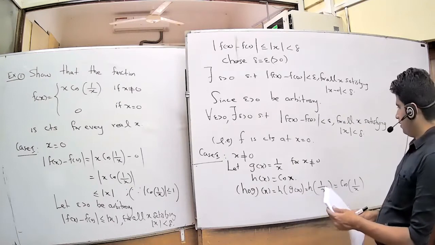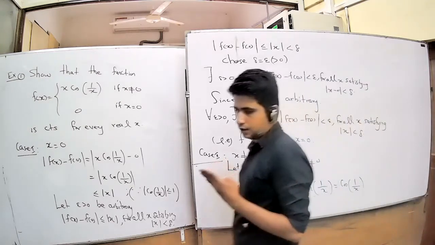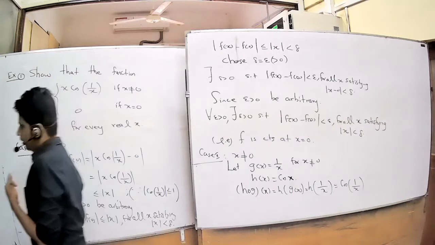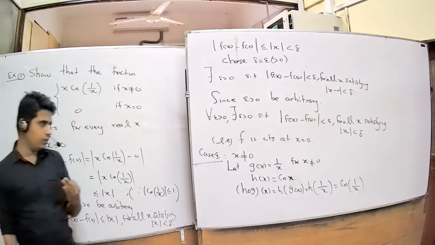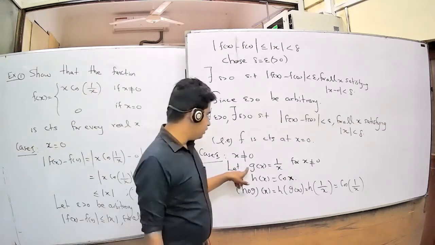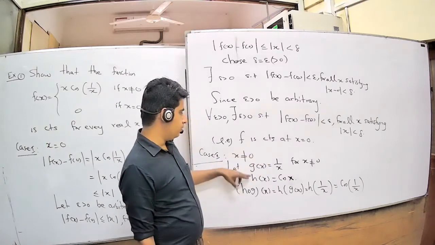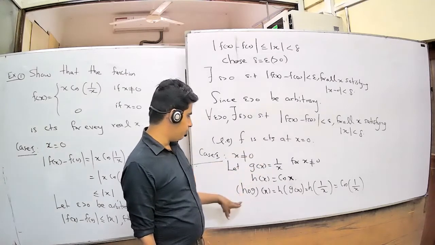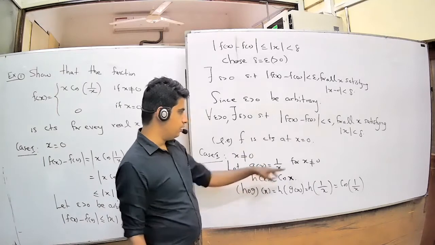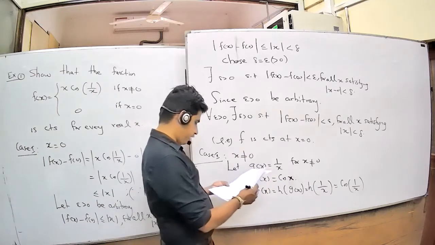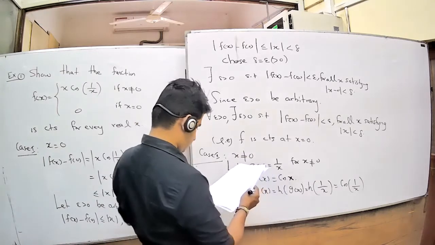You already studied that if f is a continuous function and g is a continuous function, then the composition is a continuous function. Here g is continuous for x not equal to 0, and h is also continuous, therefore h composition g is also continuous.